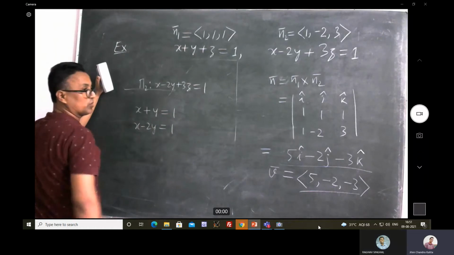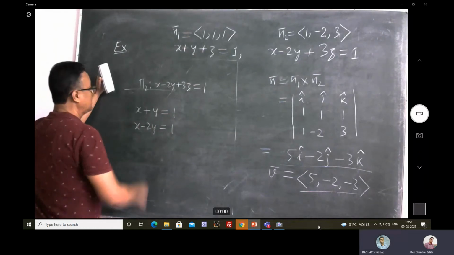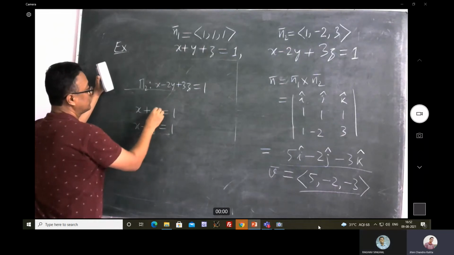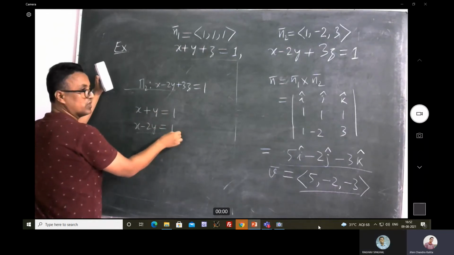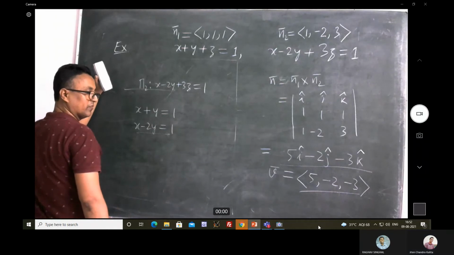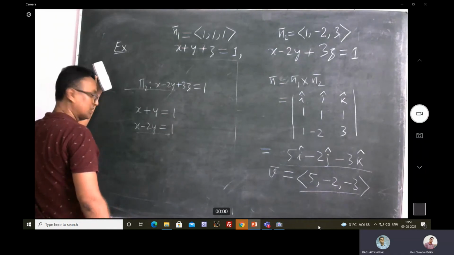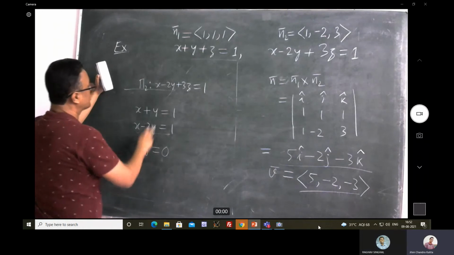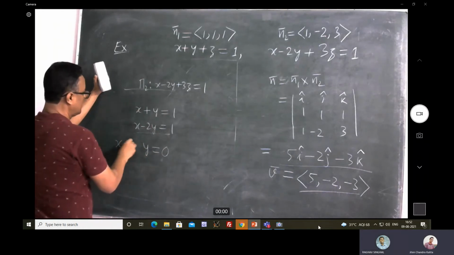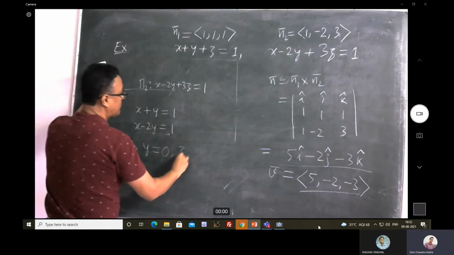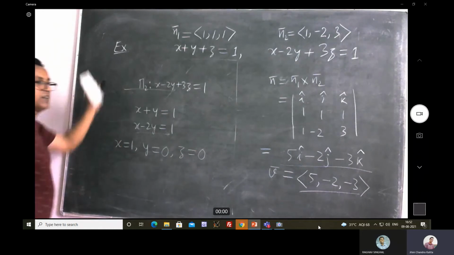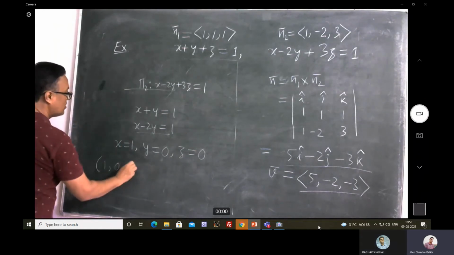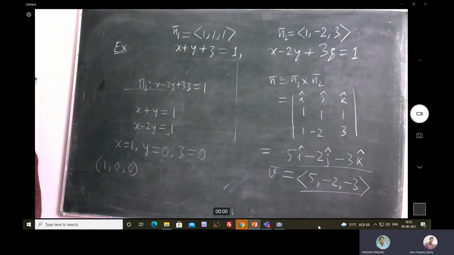If you subtract the second from the first, you get 3y equal to 0. So y equal to 0, and then x equal to 1. So I have found a point 1, 0, 0 on that line L.